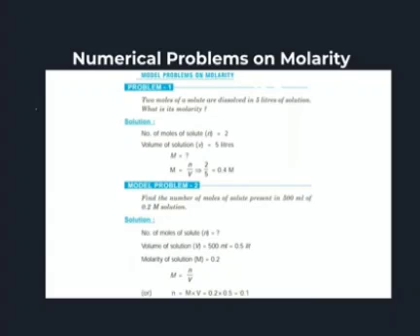Volume of the solution, capital V, is equal to 5 liters. Now we have to find out the molarity, capital M. Molarity, capital M, is equal to small n by capital V, that is equal to 2 by 5, that is equal to 0.4 molar solution.